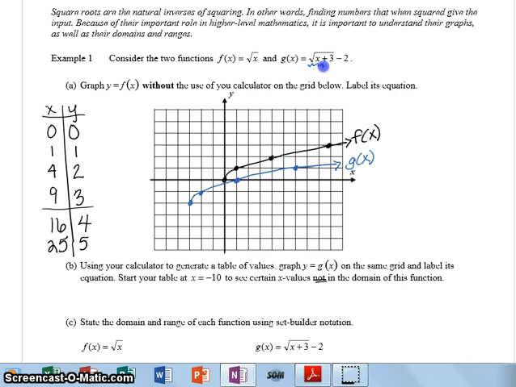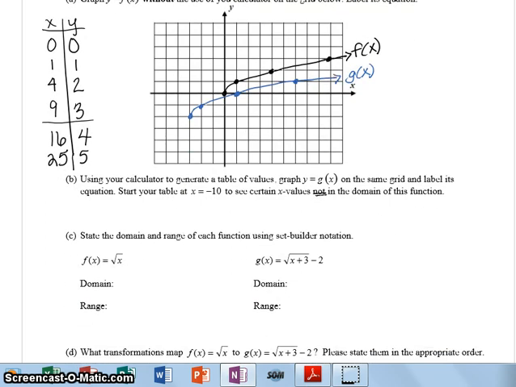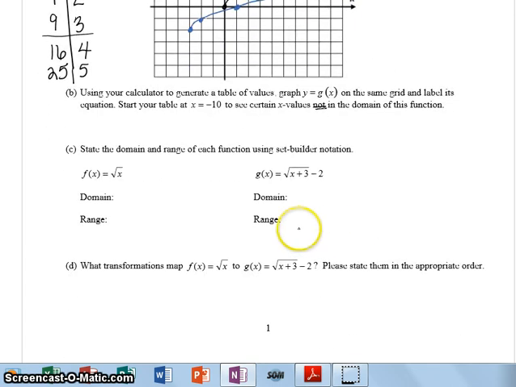Look at that right here. Okay? Think of that as your horizontal shift, and it's always opposite. That was left 3, then down 2. So that was my C and my D in CBAD. So it was a horizontal shift left 3 and then a vertical shift down 2.